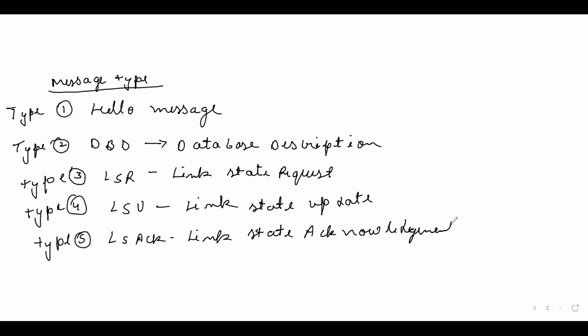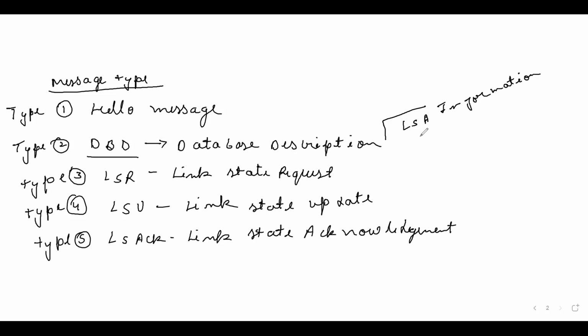The DBD, database description, is basically to check the database. Database means nothing but your LSA information, which means your link information.